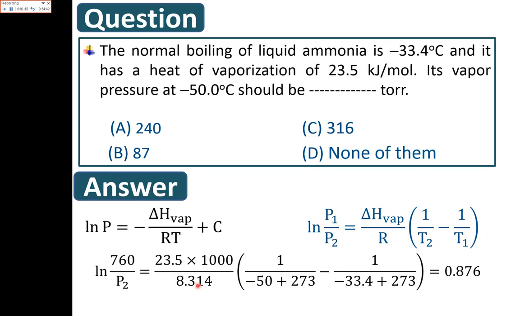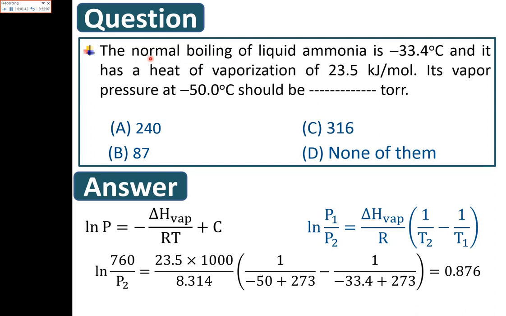So we'll substitute here, knowing that minus 33.4 is the normal boiling point. Normal boiling point means that this temperature is the boiling temperature at 1 atmosphere. This is the meaning of the normal boiling point.